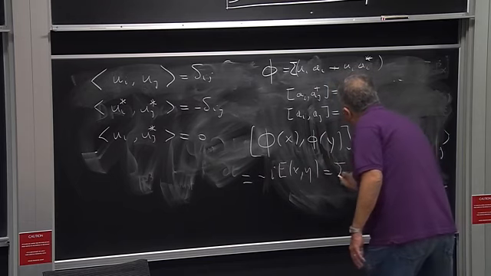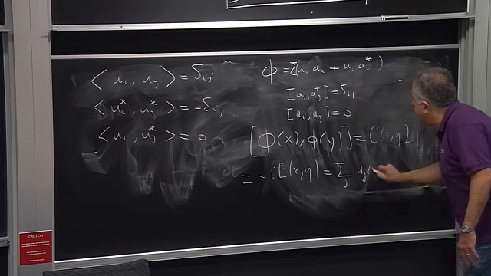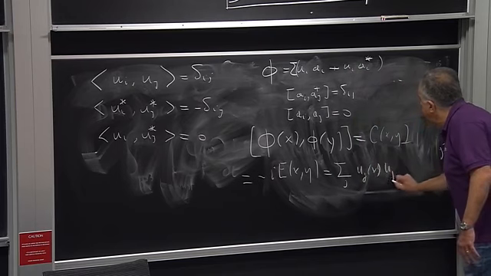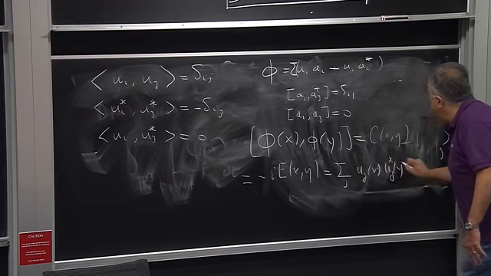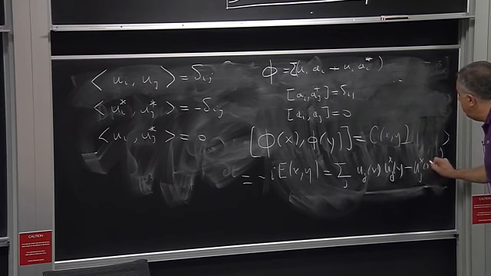And this is written as a sum over g, u_g(x) u_g(y)* minus u_g(x)* u_g(y).